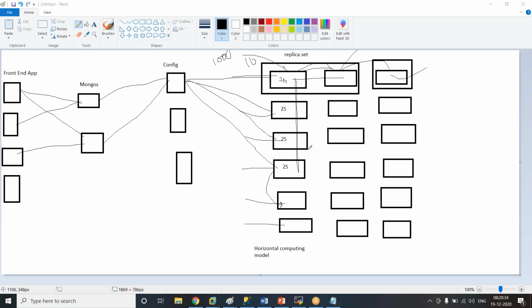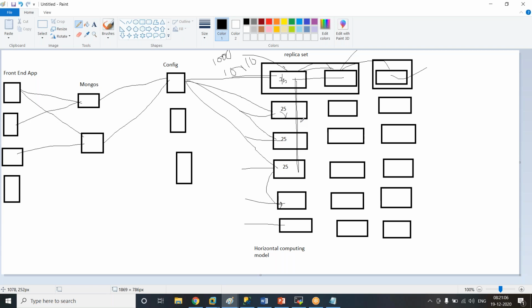When inserting data, does insertion happen from the start, or can it pick any server randomly? Let me tell you how it happens, good question. You have 100 records here, and you're entering 1, 2, 3, 4. One will go here, two will go here, three will go here. It is a parallel write. Then 4, again 5, 6, 7, 8, 9, 10. Like this, it goes in a round robin fashion when you are writing.